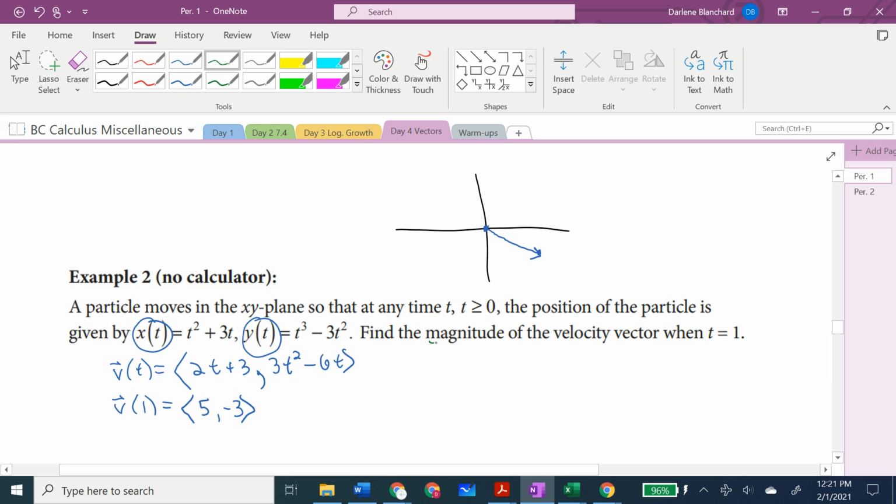So if you want to find the magnitude of your velocity vector, you find your velocity vector, and then you Pythagorean theorem it with those being the two legs. 25 plus 9, 34.